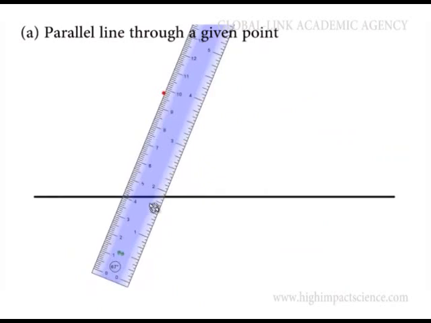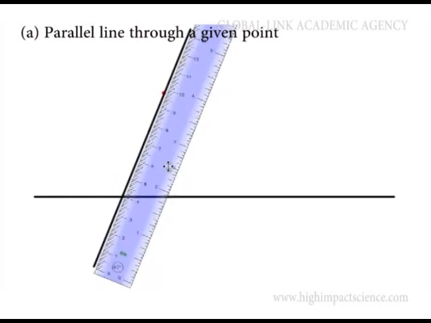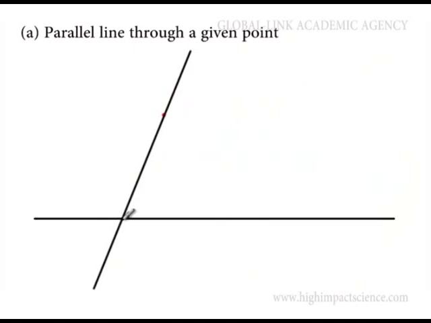Any angle will do, it's just a random line. Let's have this point as A and this one as B. And so basically we want to reproduce angle A at point B.